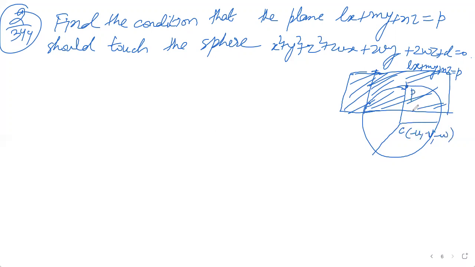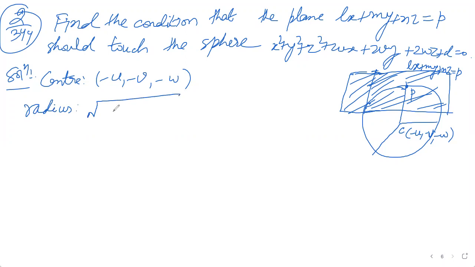And it will be touching at some point. Suppose this point P. So here, center you have already, minus u, minus v, minus w, and you have the radius. So the radius, you know, is square root of u square plus v square plus w square minus d, because a is 1 here.